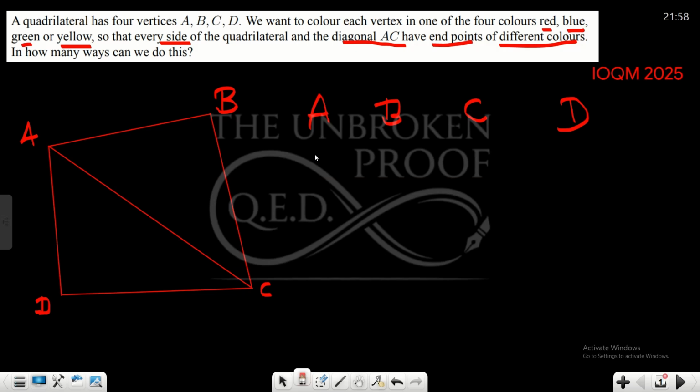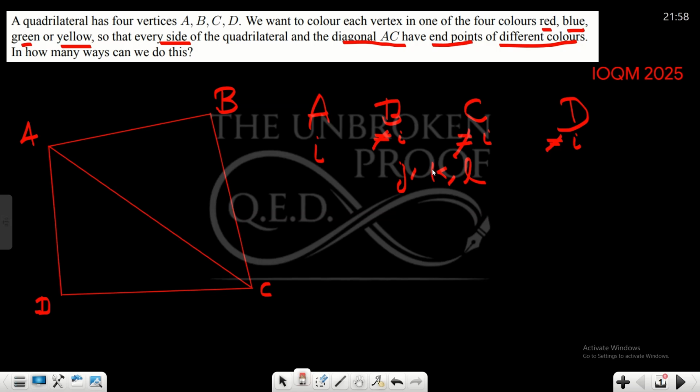Now if I name the color of A as I, then B should not be I because of AB. C should not be I because of AC, and D should also not be I because of AD. Since B, C, D cannot be I, and BD should not be repeating, we can have B, C, D with either J or K or L, and you can keep shuffling these.